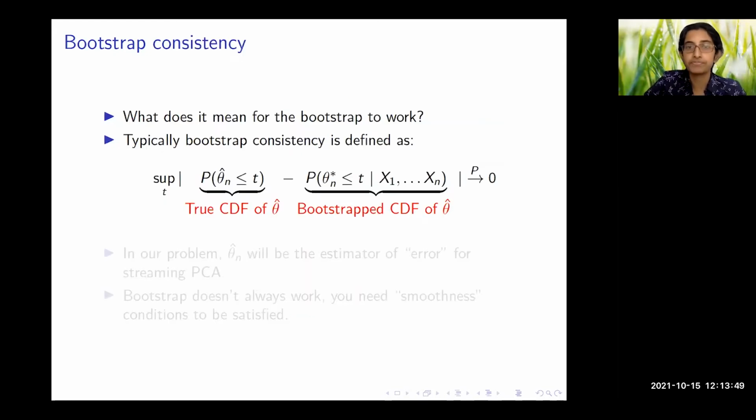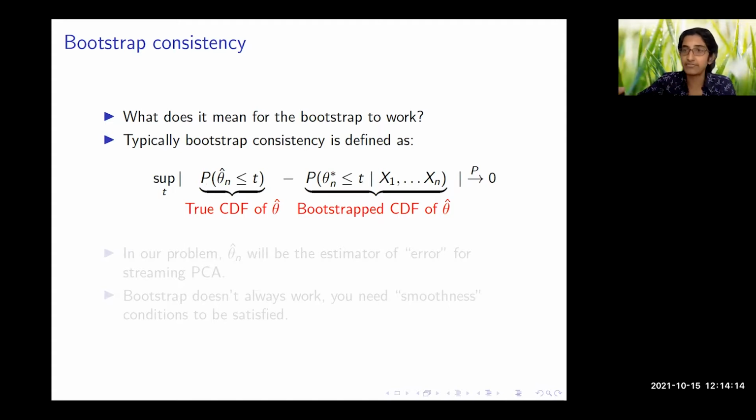Let me move on. So when I talk about bootstrap consistency, what do I mean? Here on the left, you have the true CDF of your estimator, theta hat. And here you have the bootstrap CDF. When you are doing the bootstrap CDF, you are conditioning on the data.